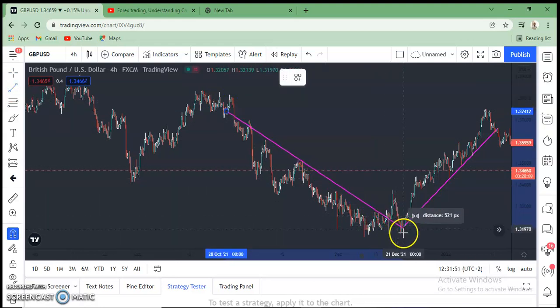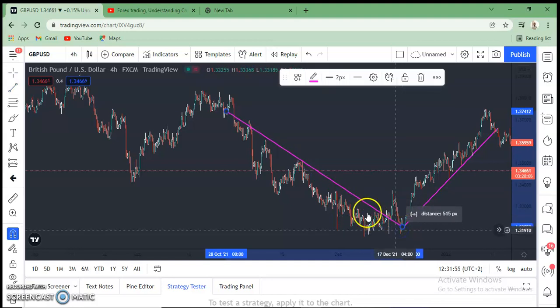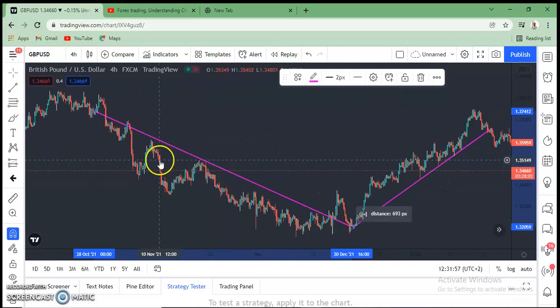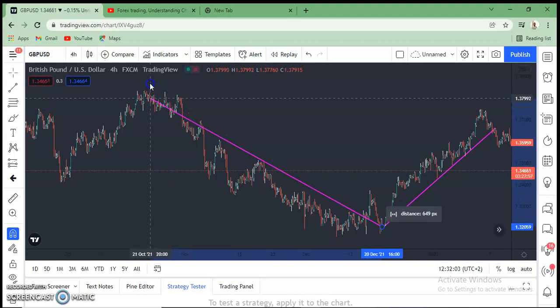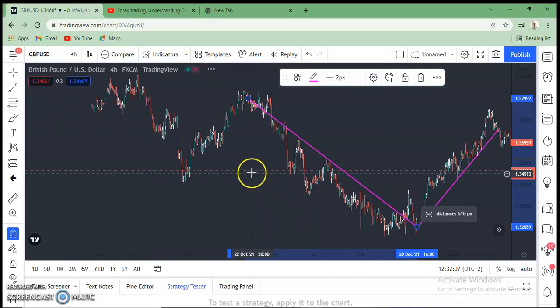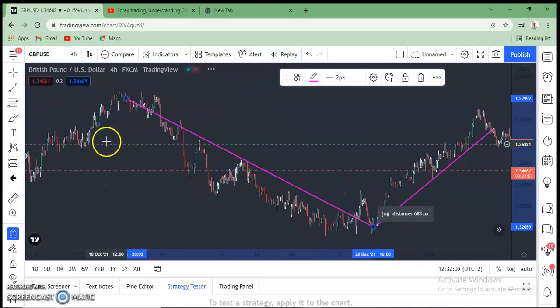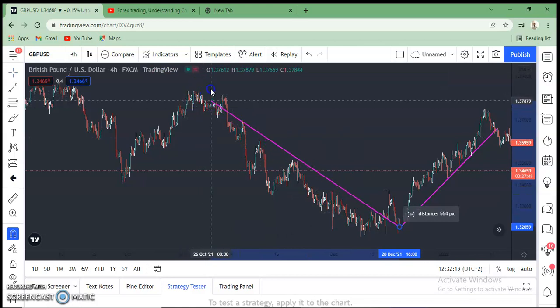So I told you to draw these lines. You don't need complicated skills. You just need to join 2 or 3 points. If it's a downtrend, you just need to join 2 or 3 high points, like this one. You can see here, these are high points.